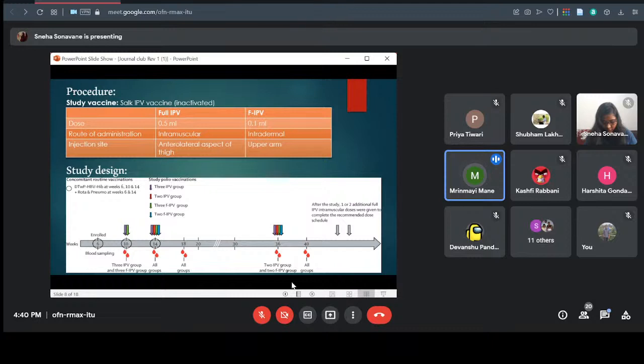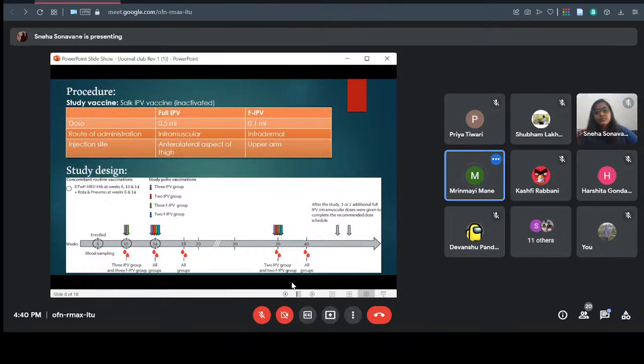Similarly, for the two-dose regimens, the doses were administered at the 14th and 36th week of age. All the infants were monitored for 30 minutes after vaccination in order to check for any immediate adverse reactions. And the parents were asked to record solicited local reactions like pain, redness, and induration at the site of injection, and body temperature for the next 7 days.